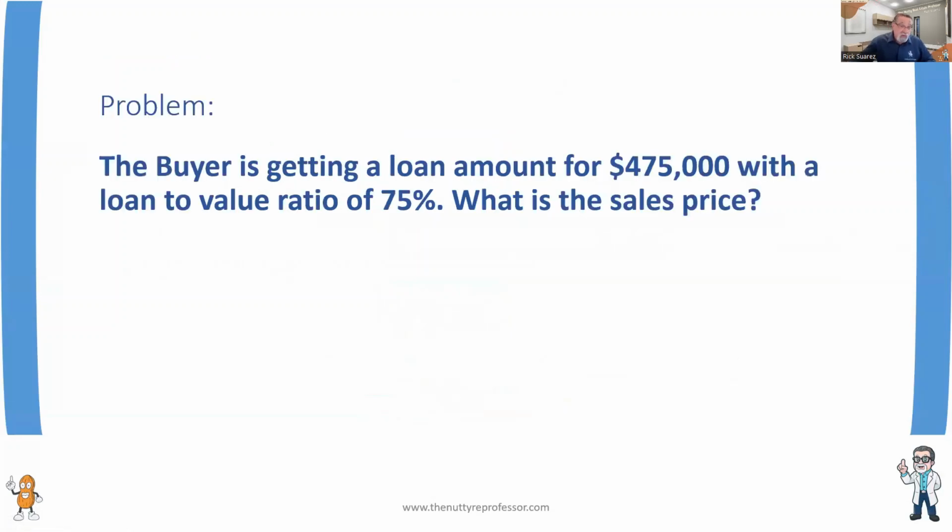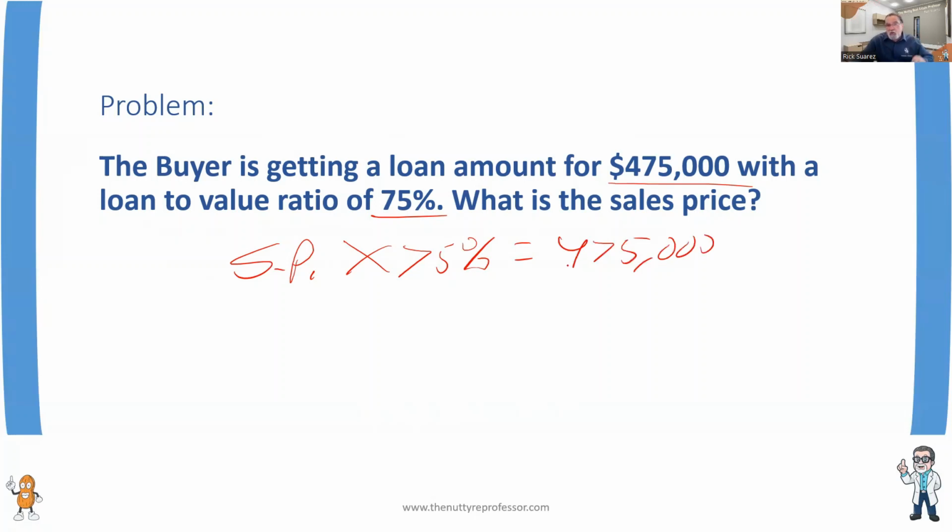Now, you may see a problem like this, right, where it makes it a little difficult. So what do we have? The buyer is getting a loan amount of 475,000 with a loan to value ratio of 75%. What is the sales price? So let's build this up. It's sales price times 75% equals 475,000.